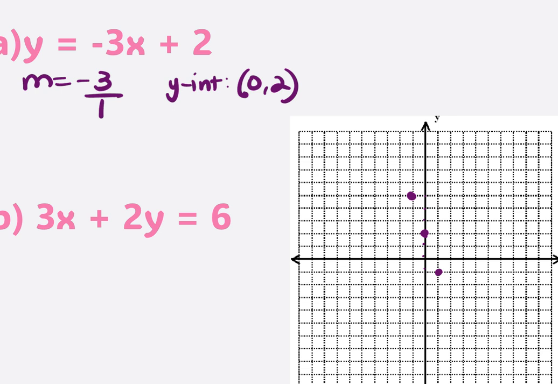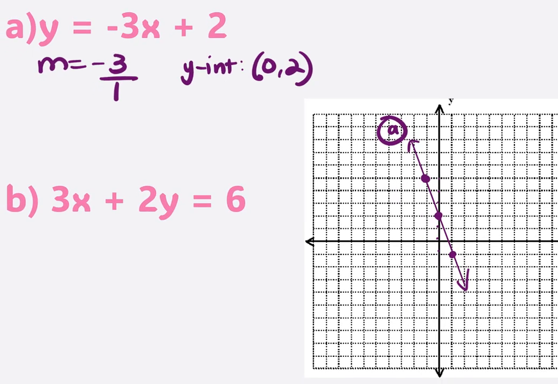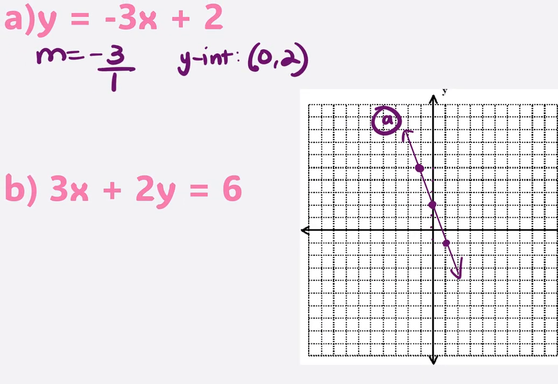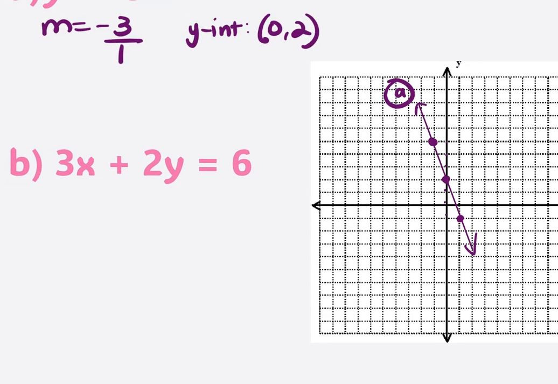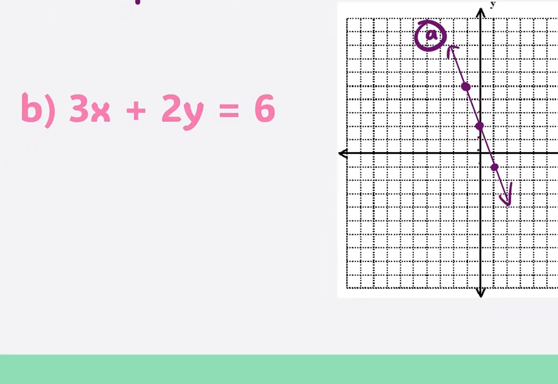As long as you have 2 points, it doesn't matter which one you use, but you've got to have the 2 points at least to form your line. Good? Yeah?